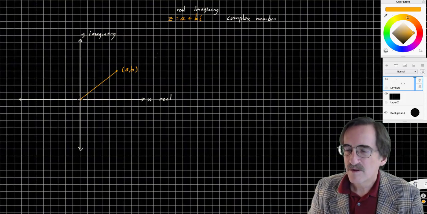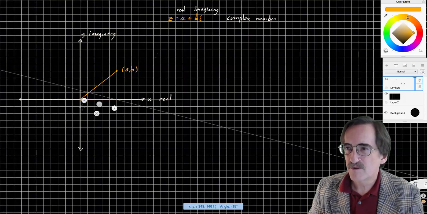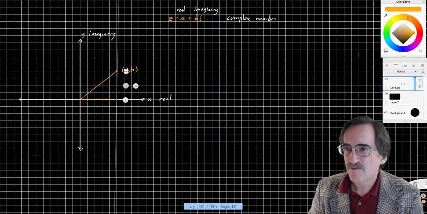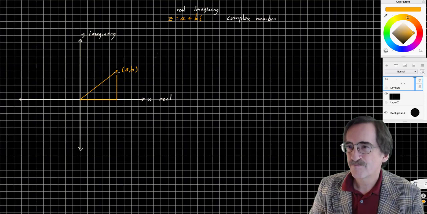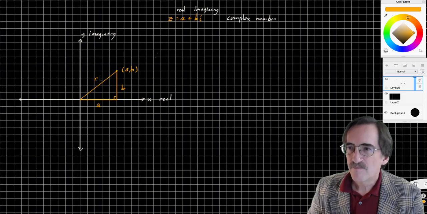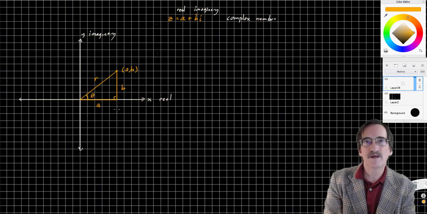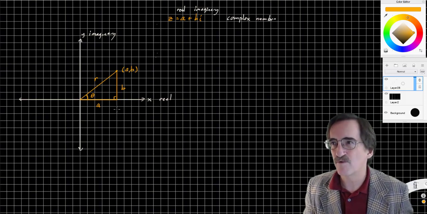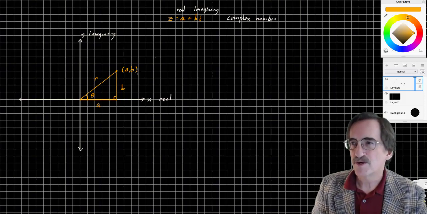The width of the right triangle is a, and the height of the right triangle is b. r is right here, and theta is right here. So here's the connection between polar form and rectangular form for the triangle.